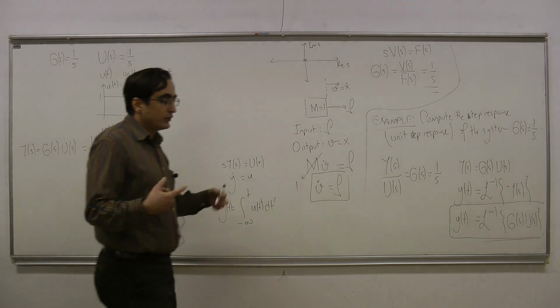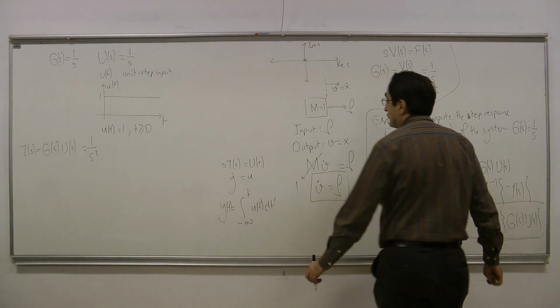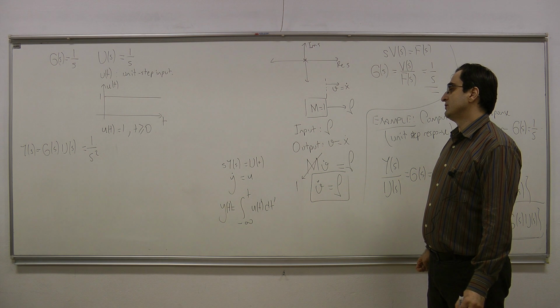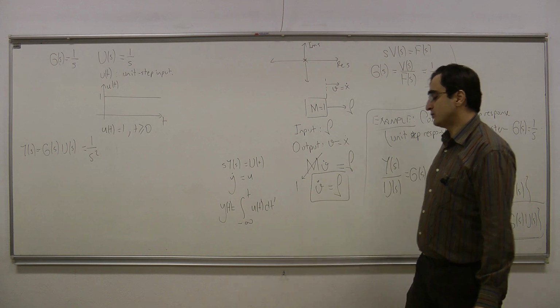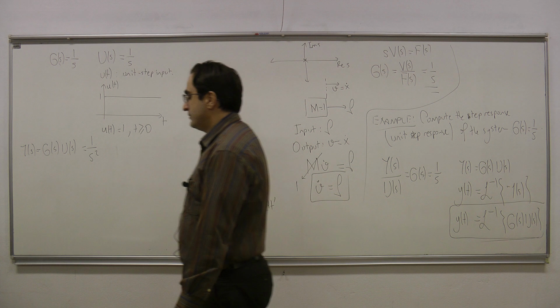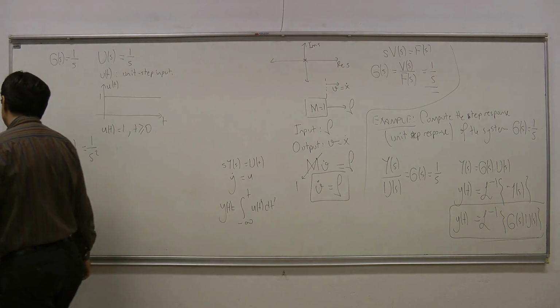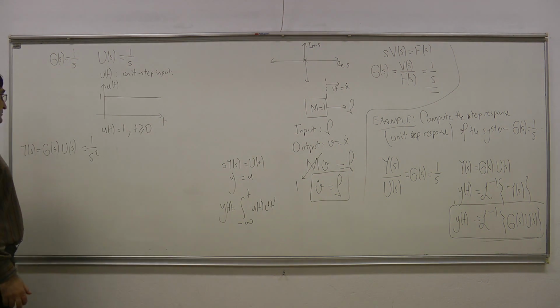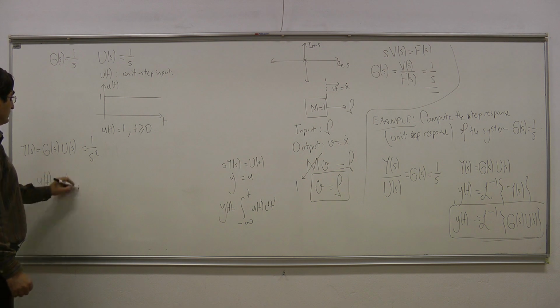Now I have to take the inverse Laplace transformation of that function. 1 over s squared in the Laplace domain, we have again seen this in our investigation of the Laplace transformation. If I calculate y of t, which is the inverse Laplace transformation of this function, it is just going to be t for t larger than or equal to 0.